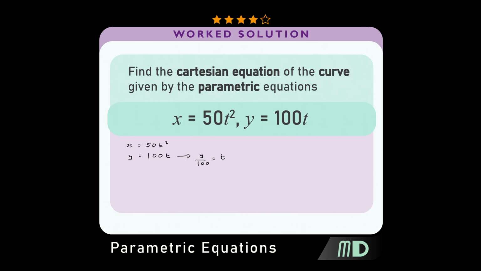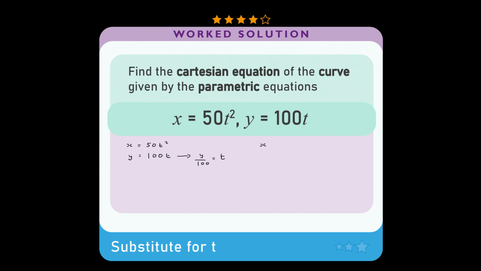We can substitute this expression for the variable t in the equation x equal to 50t squared, giving us x equal to 50 multiplied by (y divided by 100) squared.